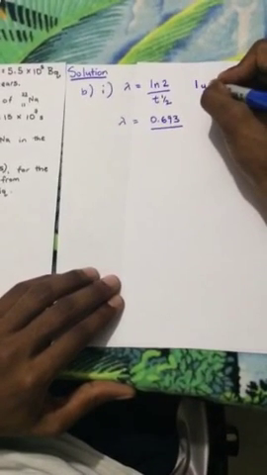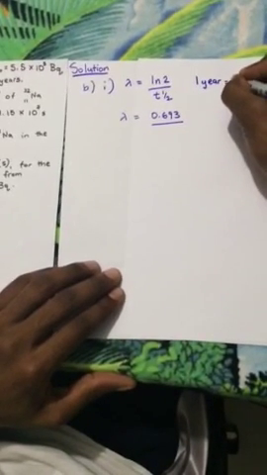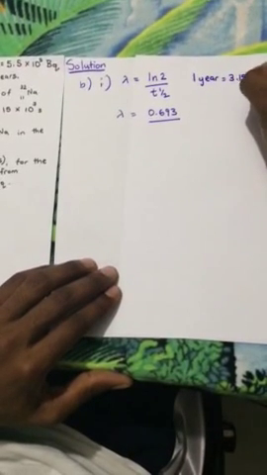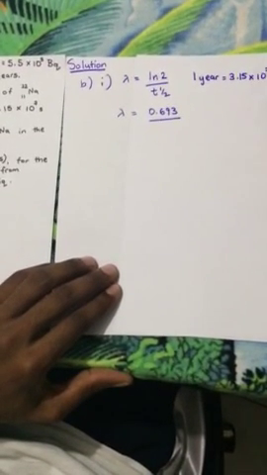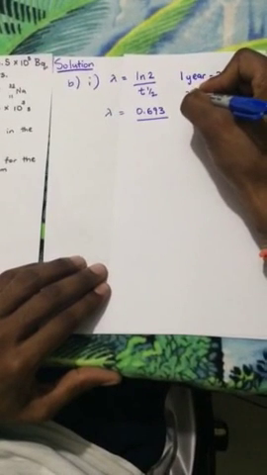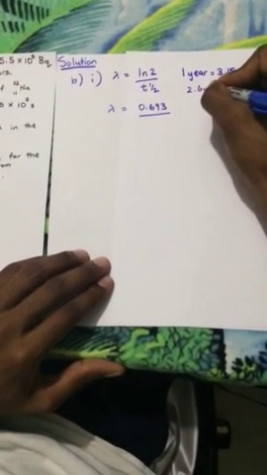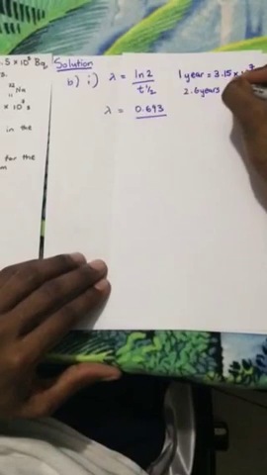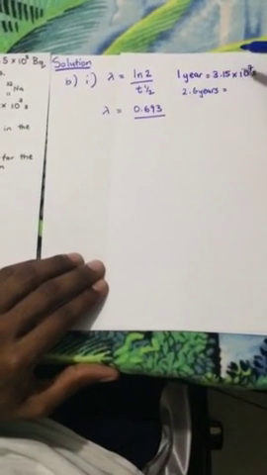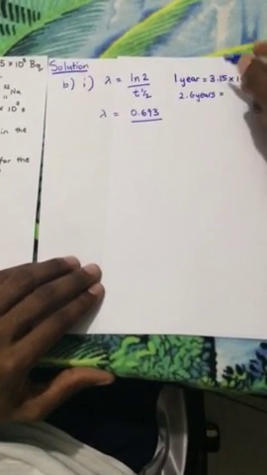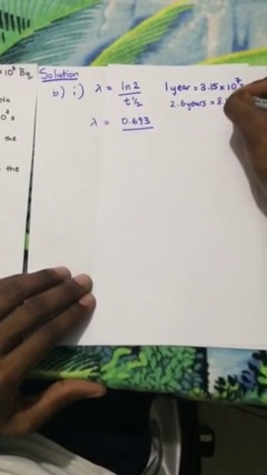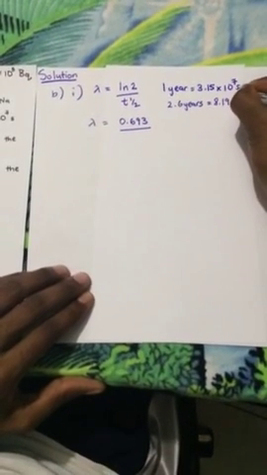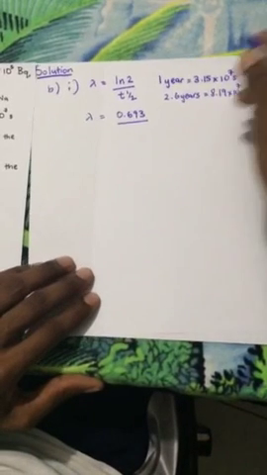Now 1 year is 3.15 times 10 to the 7 seconds. Therefore, after one half-life, 2.6 years, the time in seconds will just be 2.6 times this big number to give us 8.1 times 10 to the 7 seconds.